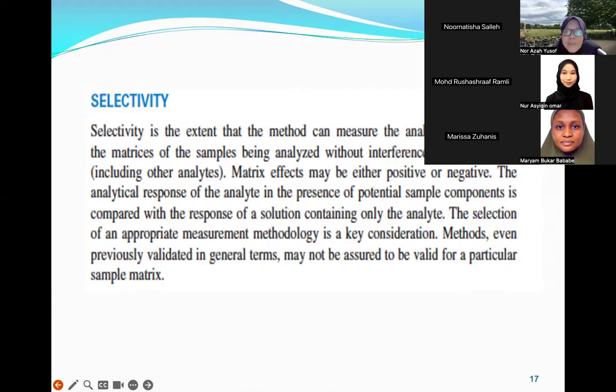It's difficult to understand the whole sentence, but if your method is selective enough, you don't have to worry about the matrix effect. Because your method is very good, even though you have plumbum and, let's say, copper and ferrum in that water, the copper and ferrum will not interfere with your measurement. So that is selective.